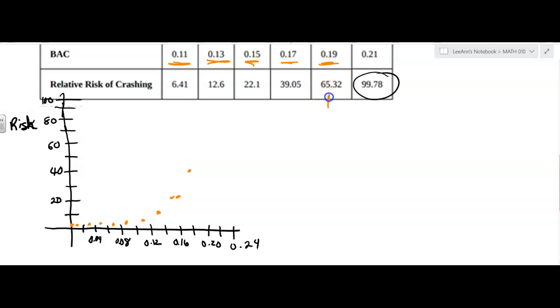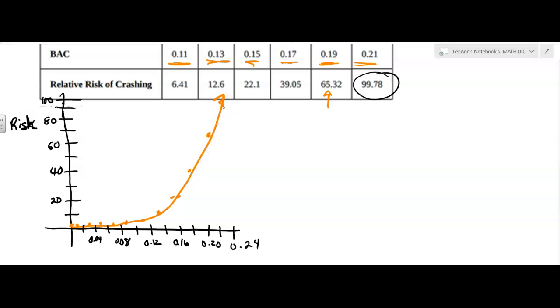0.19, and that's up to 65.3, so 0.19 up to 65, so up there. And 0.21, which is going to be right here, up to 99, way up there. So look at those ordered pairs. You can see they're really flat for a while, but then they really start to take off.